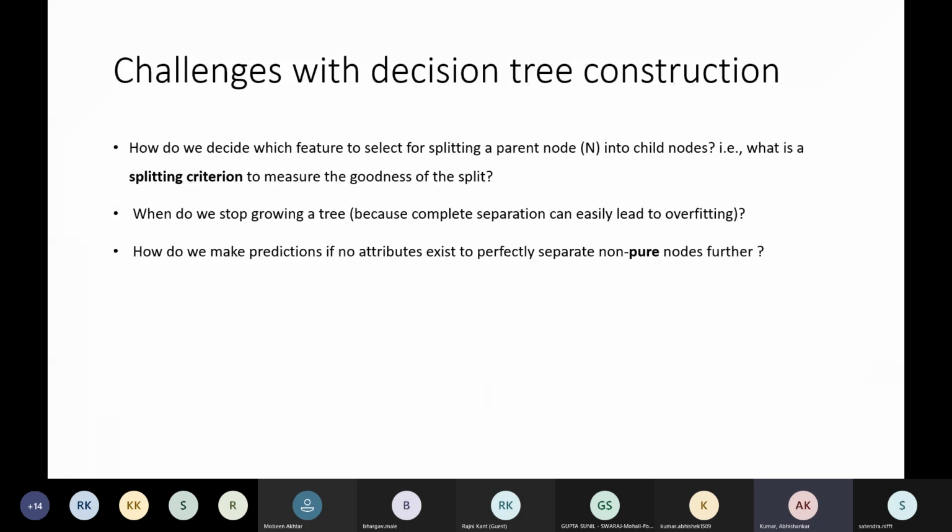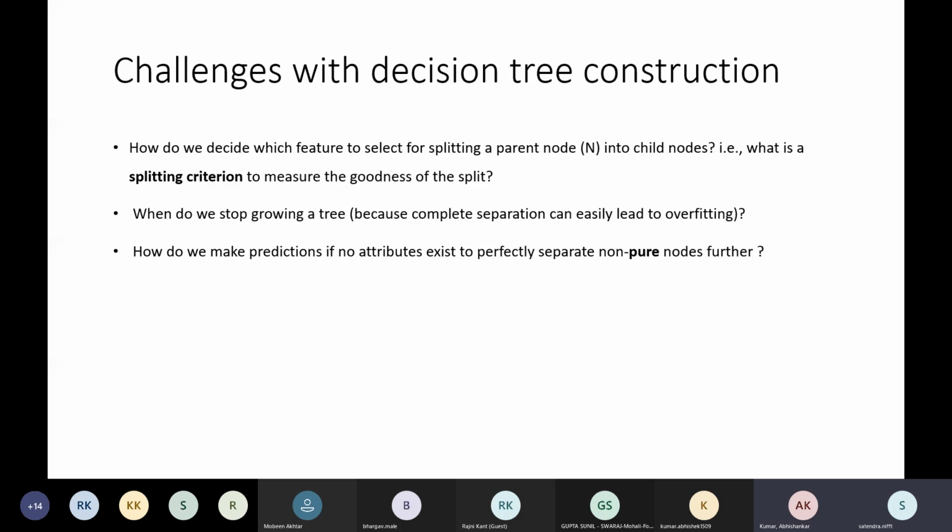So what are the challenges with decision tree construction? How do we decide which feature to select for splitting a parent node into child nodes? Any idea? How do we decide? Wherever we have the least number of splits, features with only two values like yes or no, rain or not rain.